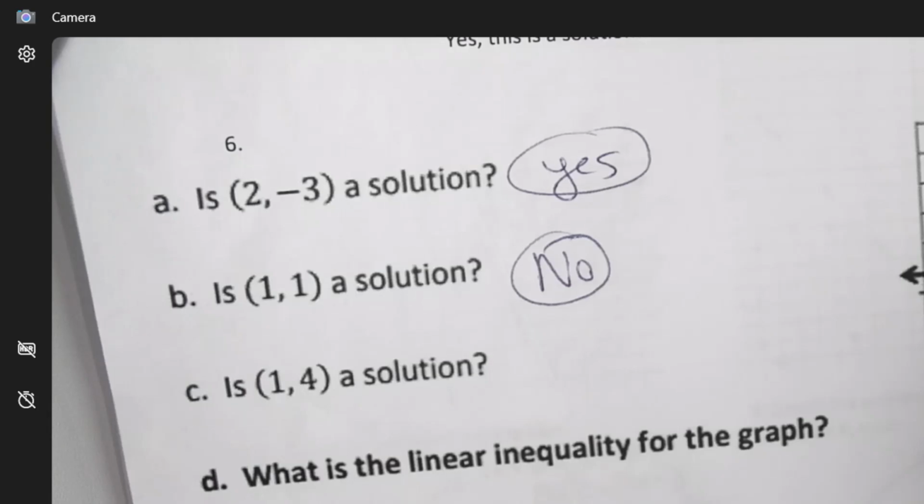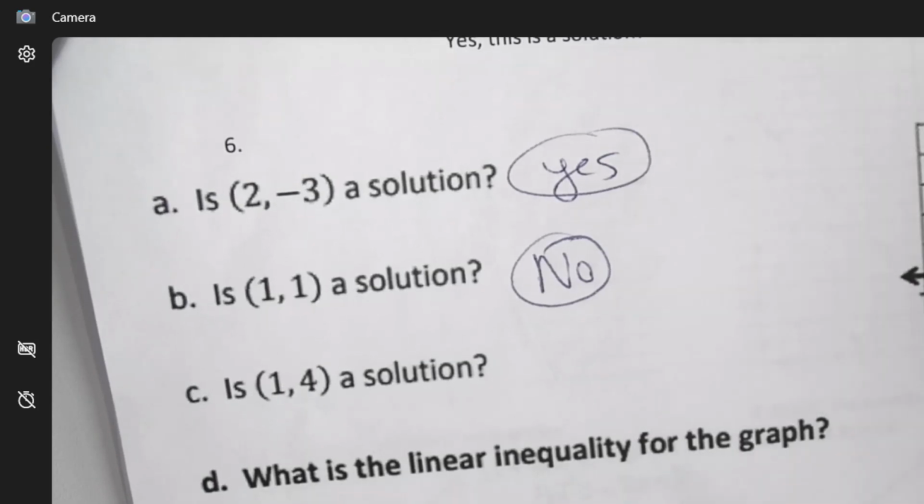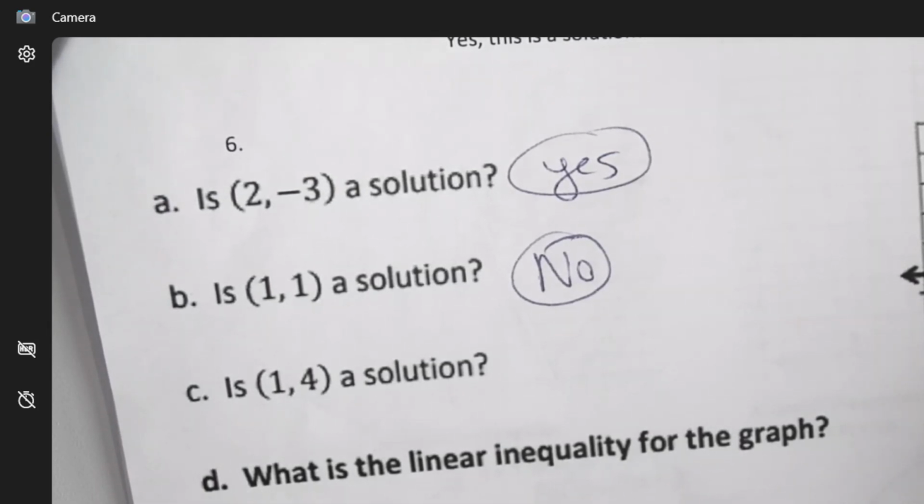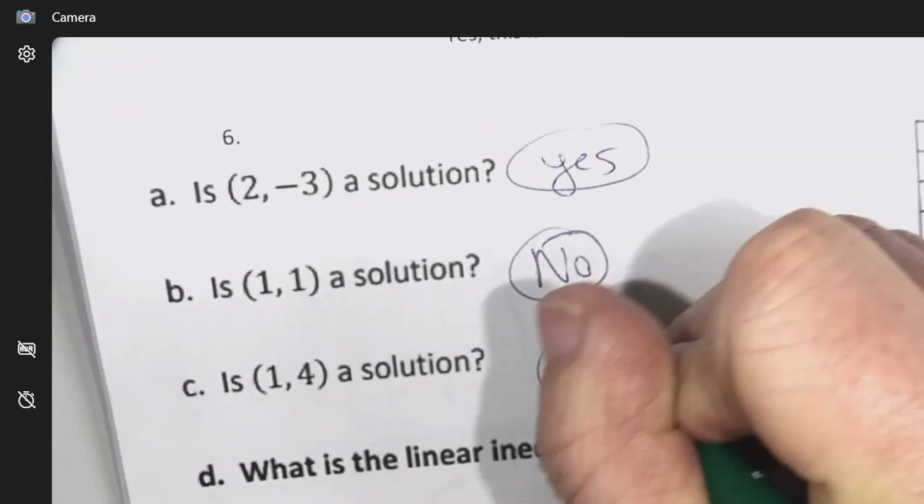Because my line is dashed, which is saying you can't be on the line. If this is a solid line, the answer would be yes. If it's a dashed, you can't be on it. And is 1, 4 a solution? So 1, 4, here's my pen. Is that a solution? No, it's not in a shaded zone.